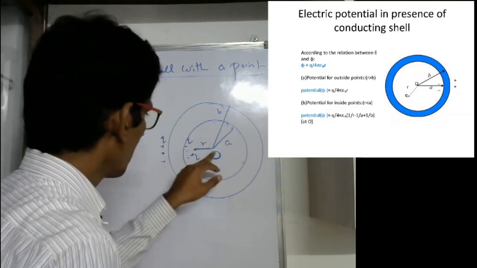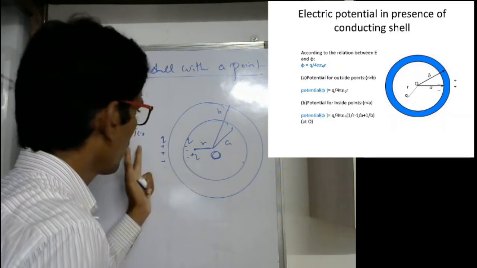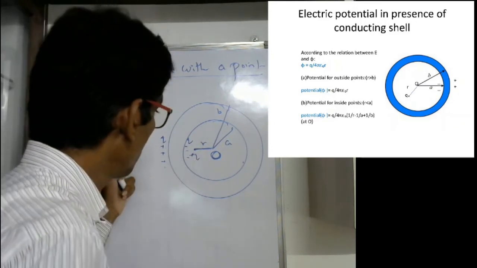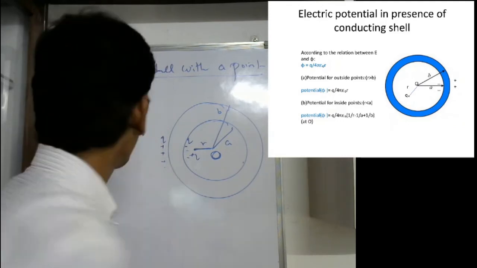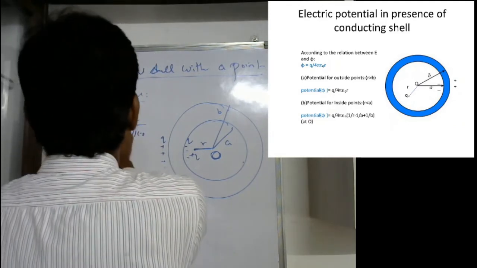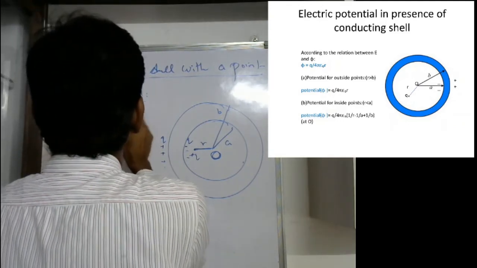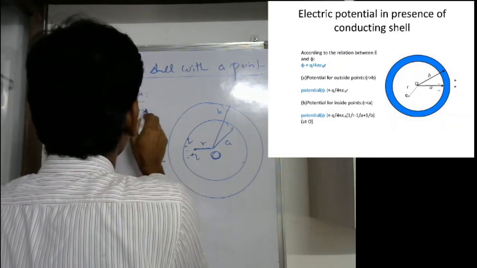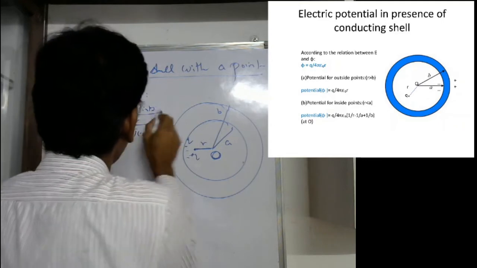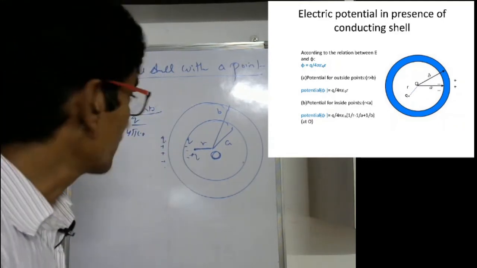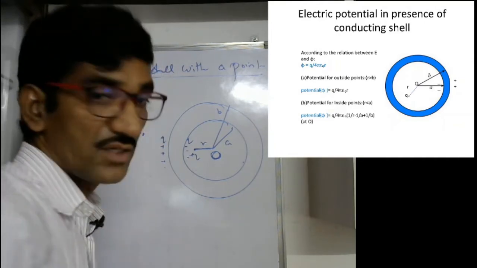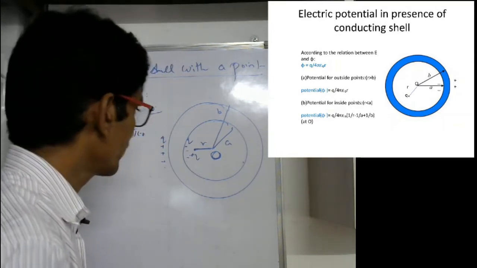For outside points, we are reading the first case, the total charge Q is located at the center O. So what is the distance between this point and O?